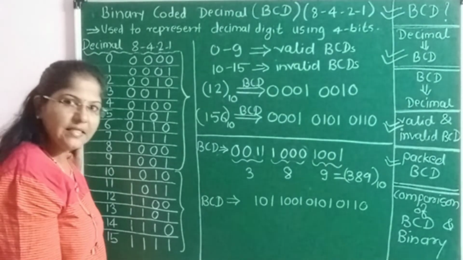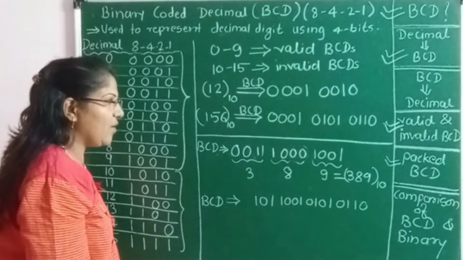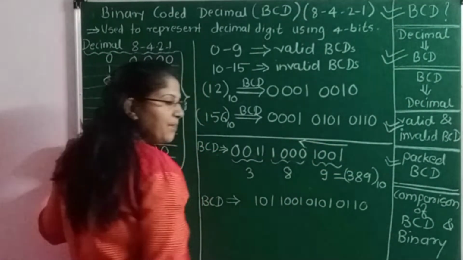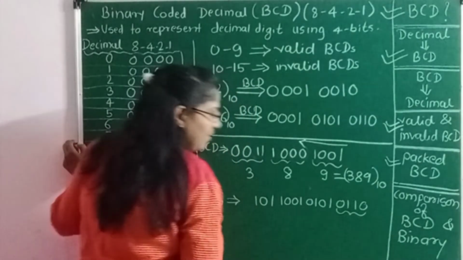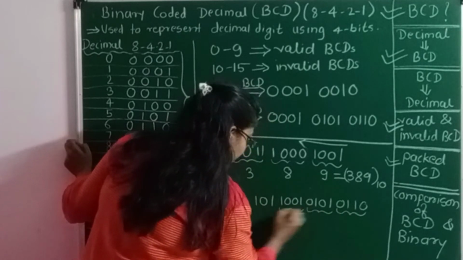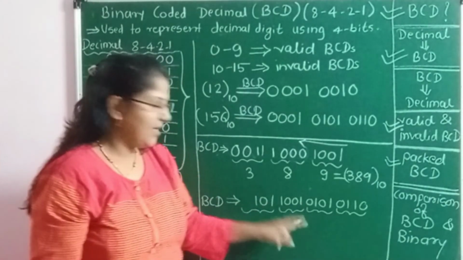Now we want to convert this BCD into its equivalent decimal. Again the same process we have to follow. We have to form groups of 4 bits from the right side towards the left side. So the first group from the right side is 0110. Now the next group, next, and see the last group. Now you can see these groups are containing 4 bits.